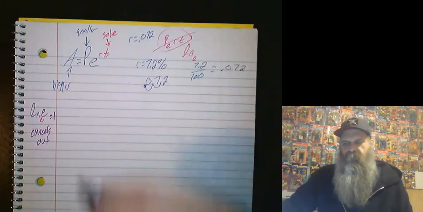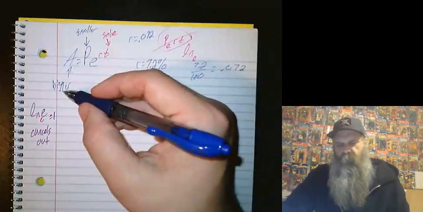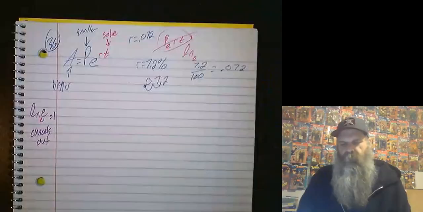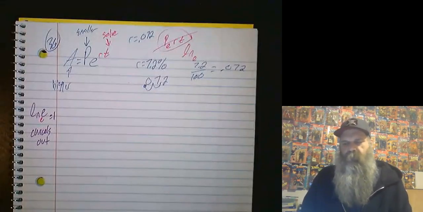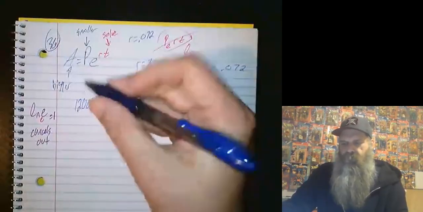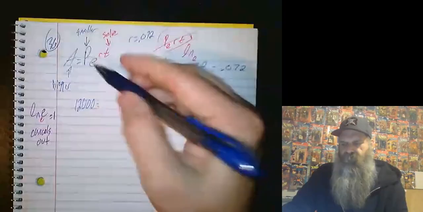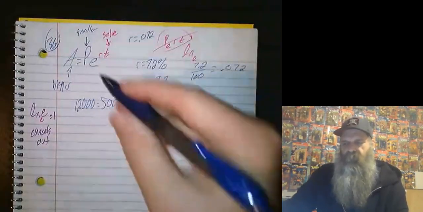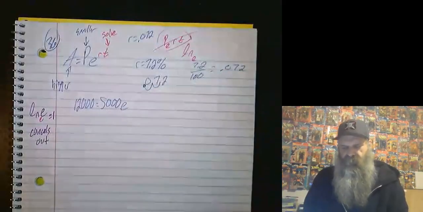So let's get started. On problem 36, how long will it take 5,000 to grow into 12,000? So 12,000 is our amount, the bigger number. 5,000 is what we invest, the smaller number, times E, which is a constant.